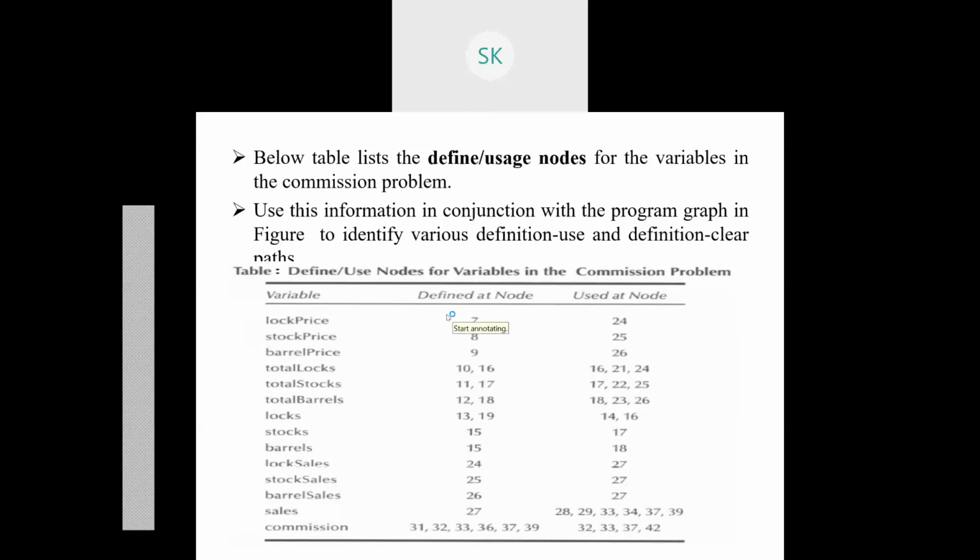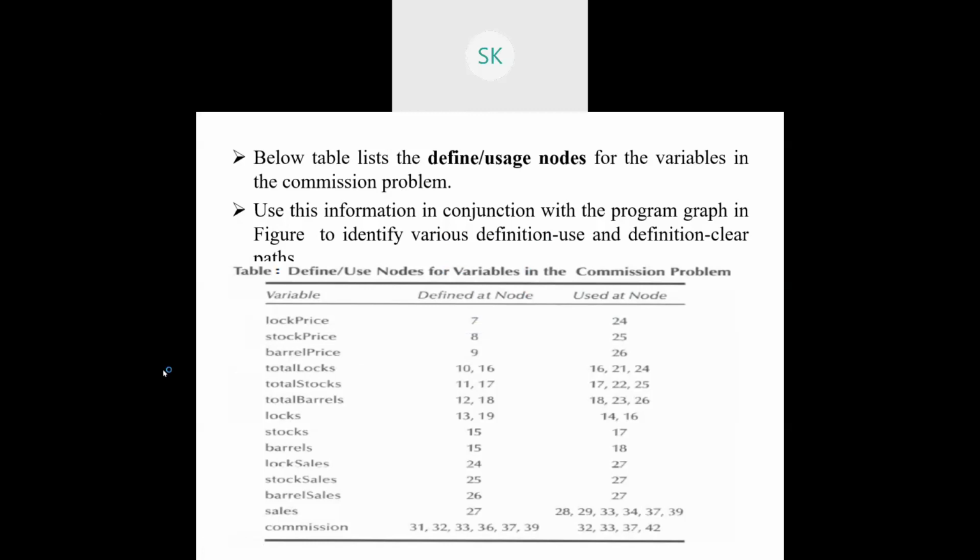So what are all the paths that you have? Wherever definitions come, that is 10 to 16. Whatever the values that you have, you need to identify the path. Similarly, 10 to 21. Similarly, 10 to 24.